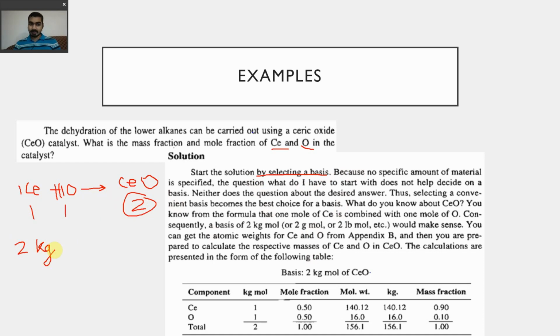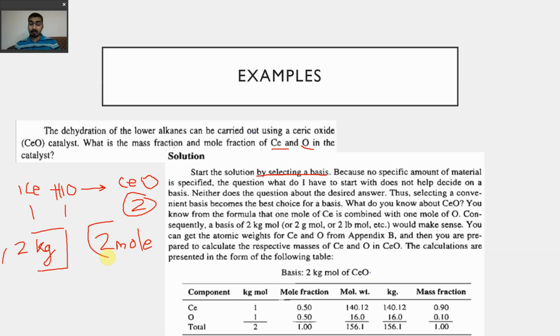On the basis of mass we can choose this 2 kg, or else 1 mole of cerium plus 1 mole of oxygen will give you 2 moles of cerium oxide. Clear? So we can use 2 moles of cerium oxide as a basis.